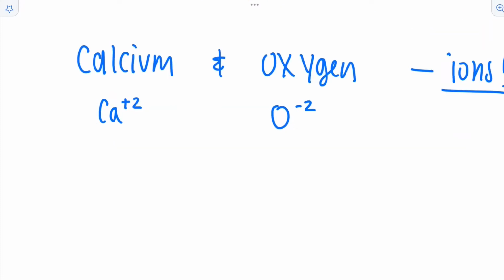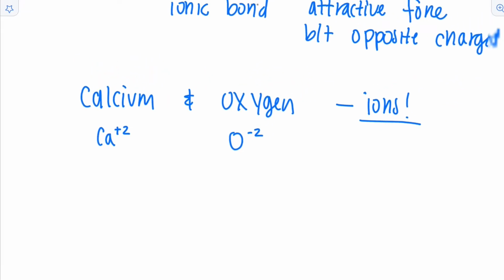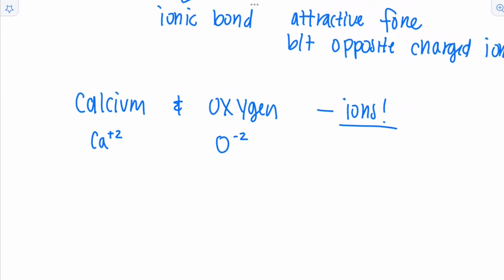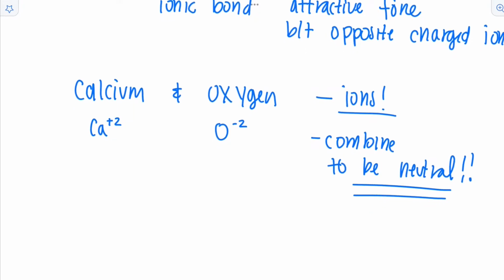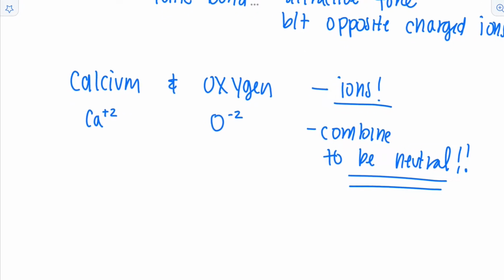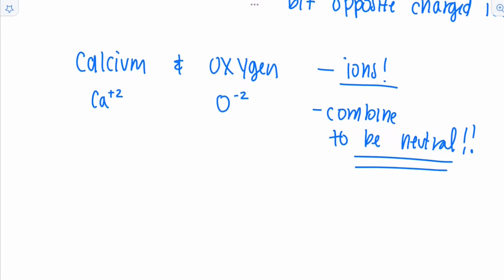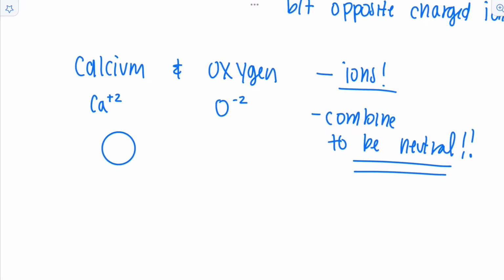The essential thing in making salt formulas is that they come together to make something neutral. They combine to be neutral. I'm going to draw this as bubble pictures, and that is how I want you to do your drawings. So you draw a circle, make sure you put the charge in it. The bubble pictures should always have the charges. And you draw it right next to the other ion, taking care that if you have multiples, the positives only ever touch the negatives.